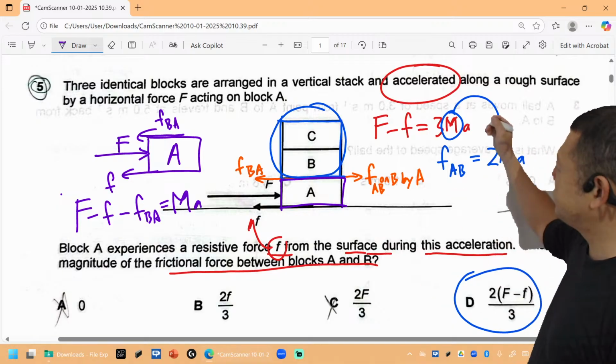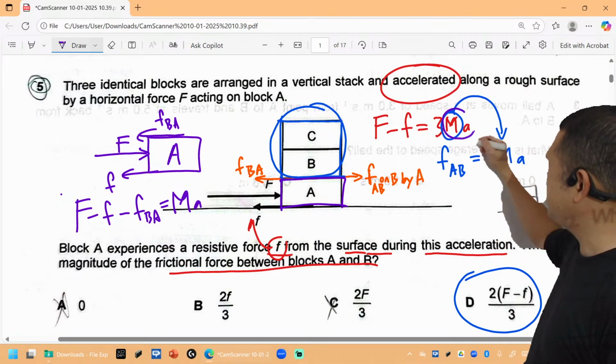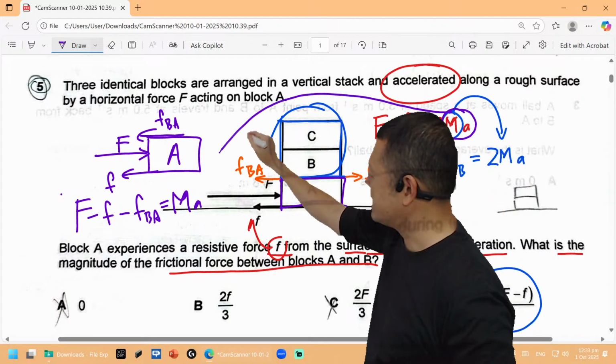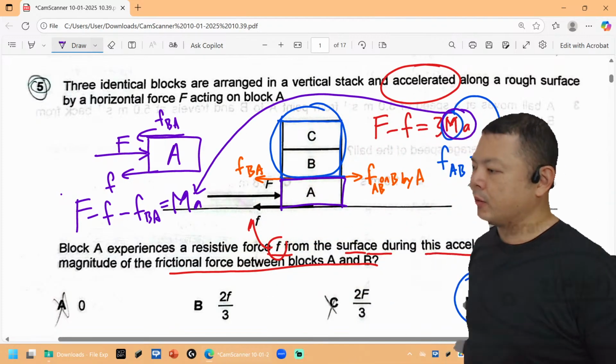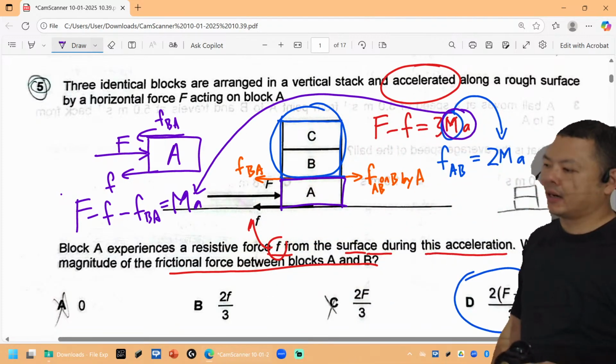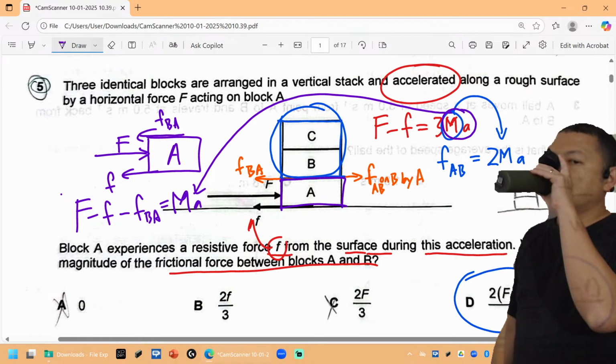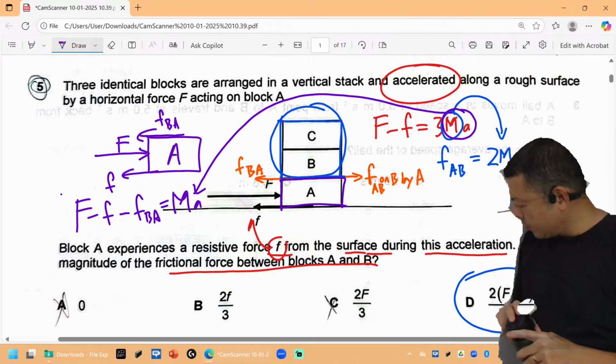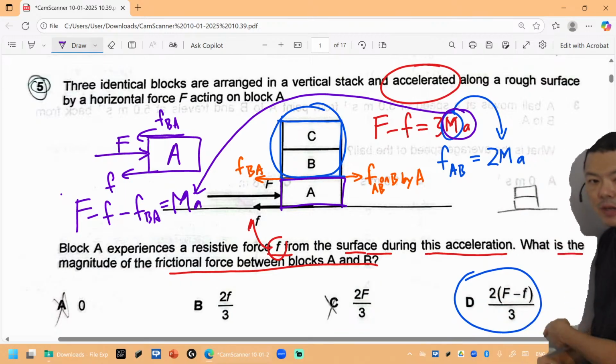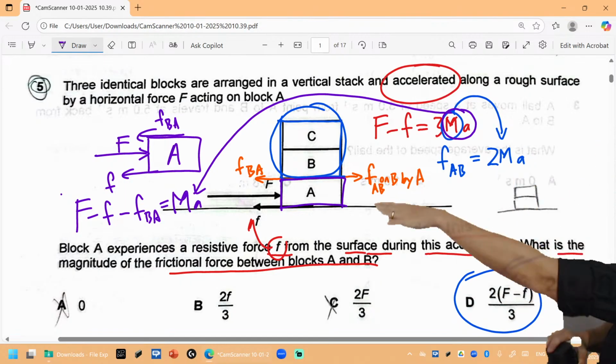If you take MA as a subject and you sub it inside here, you make FBA the subject, you end up with the exact same answer: two times of F minus F divided by 3. Same answer.